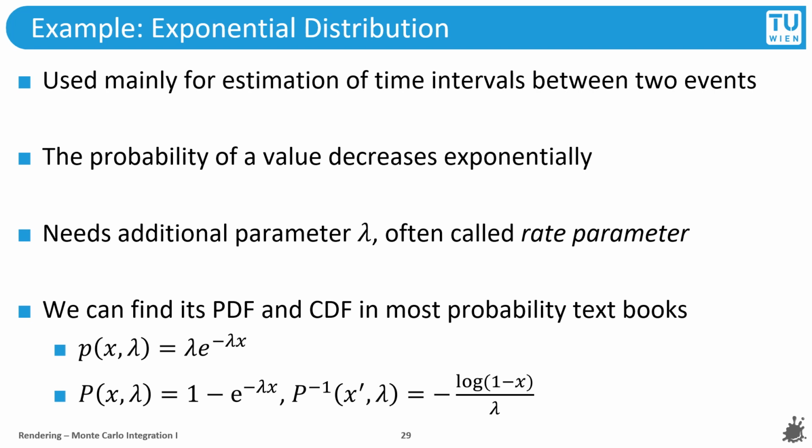We can find the defined PDF and CDF for the exponential distribution in most probability textbooks. Its PDF is lambda times e to the power of negative lambda times x, and its CDF is 1 minus e to the power of negative lambda times x.